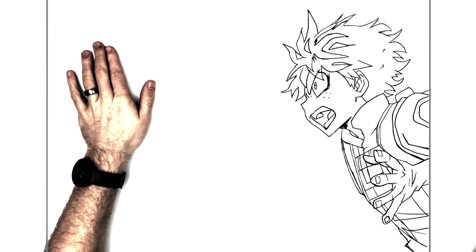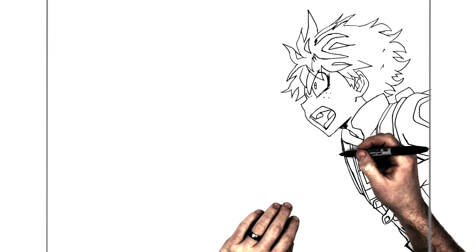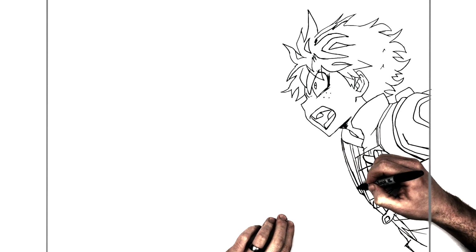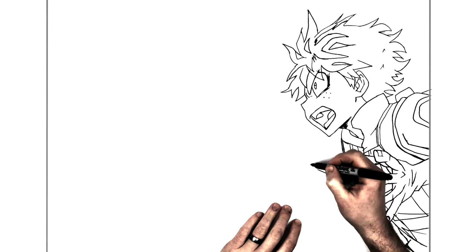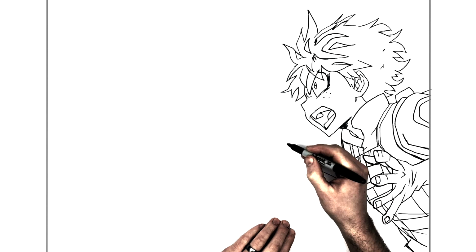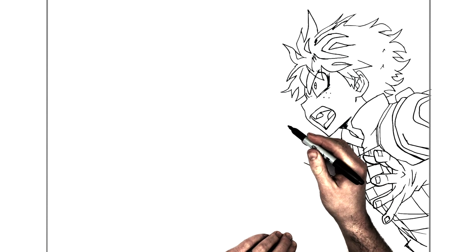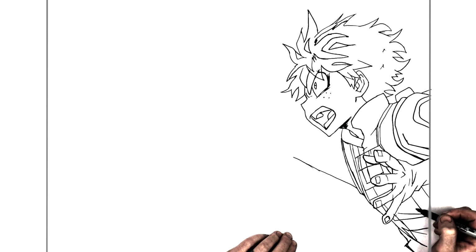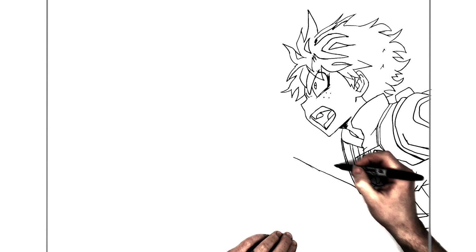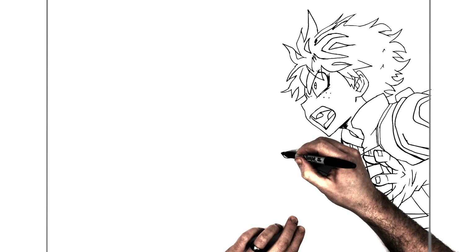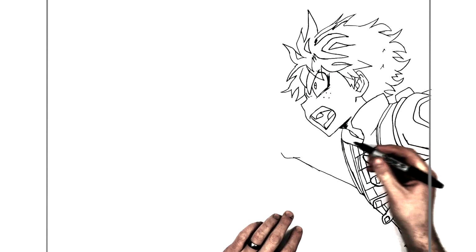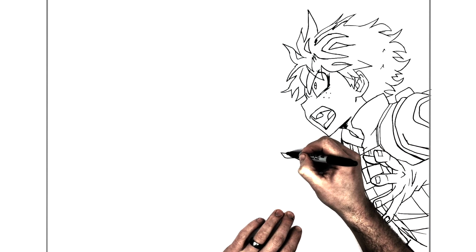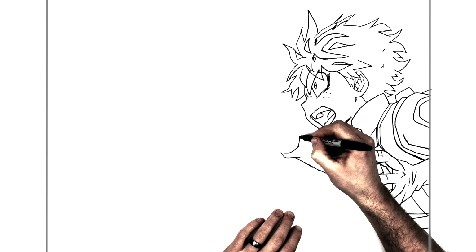Right, so that other arm is stretching out to stop Todoroki's other arm. So we just do a line coming across this way. Like so. Then we have a fold just here. And then this curves around his forearm. So it goes around like so.